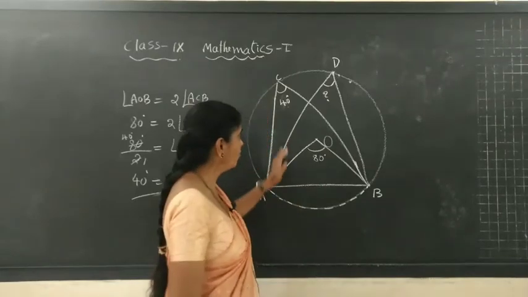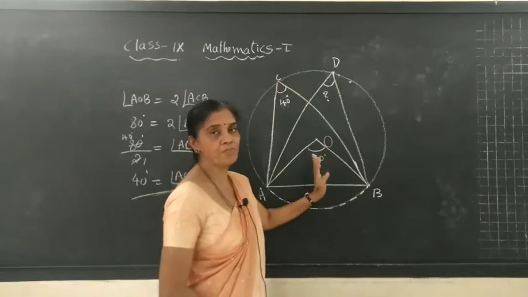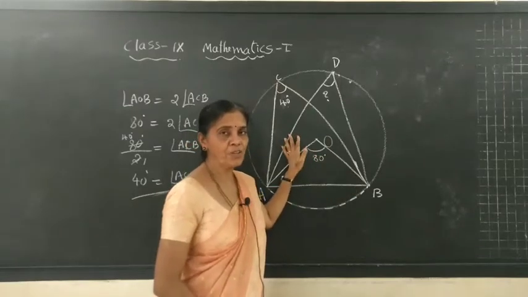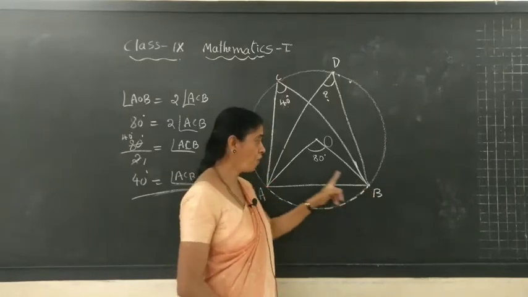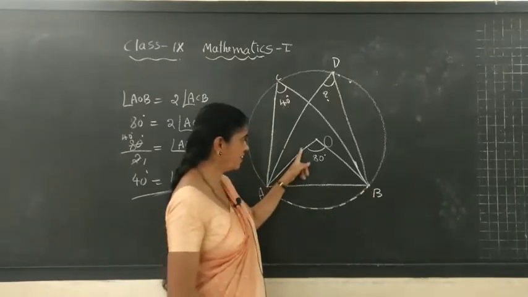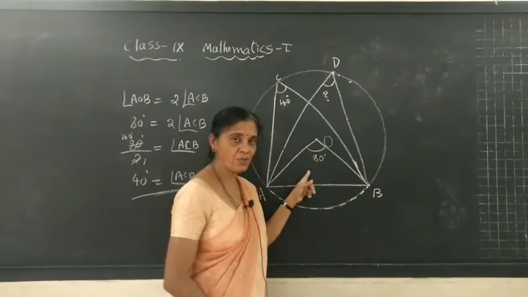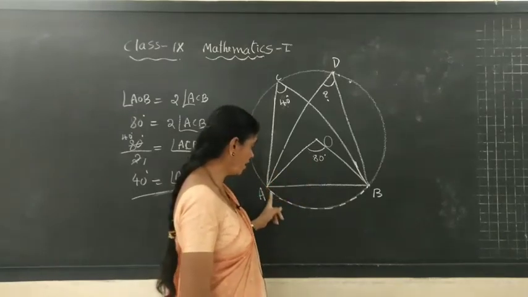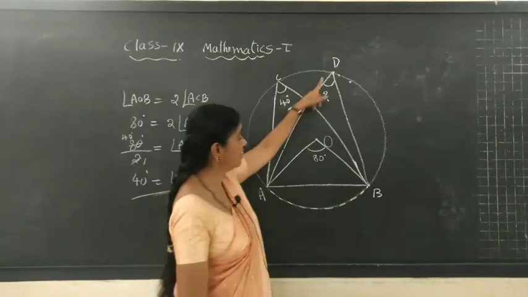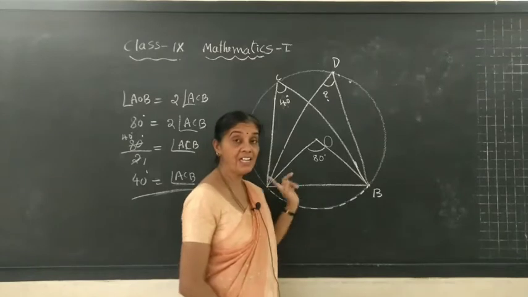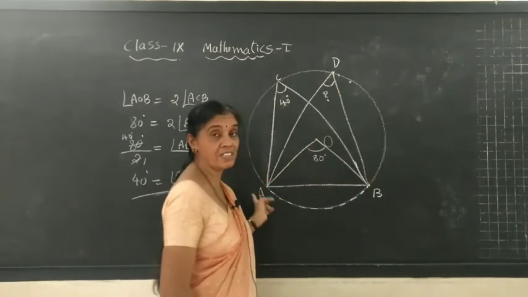Now ignore this angle ACB. Don't look at that angle. Now consider this is the arc AB. It forms an angle at the center AOB, which is 80 degrees, right? Now that same arc will form an angle ADB on the other part of the circle.